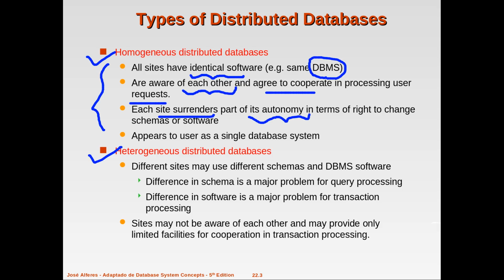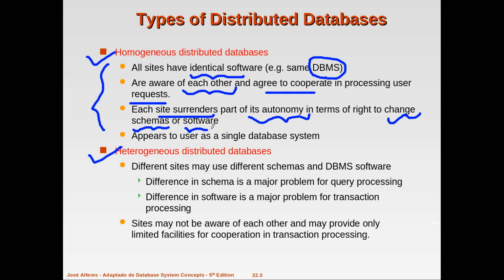So for that, they will be having some additional freedom that will also be permitted in the case of homogeneous distributed databases. That means they can change the schema or model, what model it can use, whether it is a relational model or an object oriented model. They can follow different schemas, and also they can change the software.